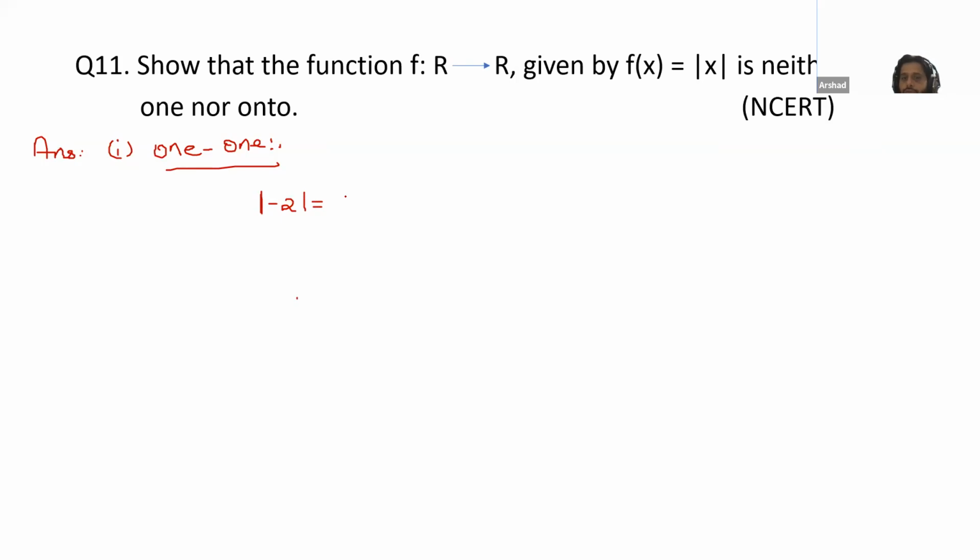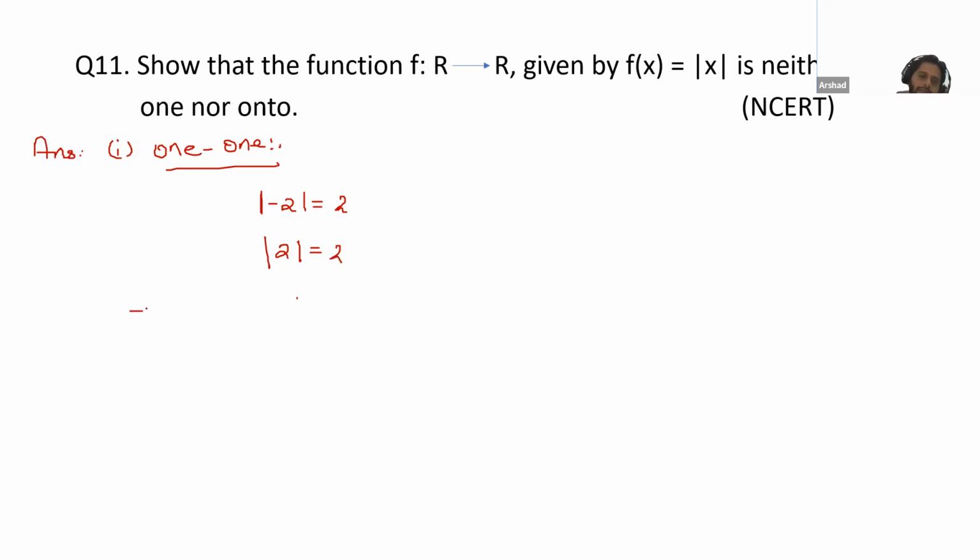You know that modulus will convert every value into a positive one. So Rifat, what is the answer for -2? Very good, 2. So Rifat, if I put 2, then what will be the answer? 2.